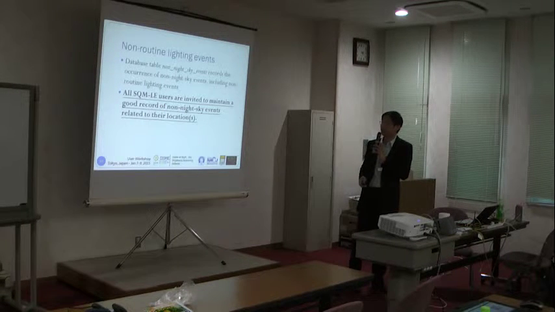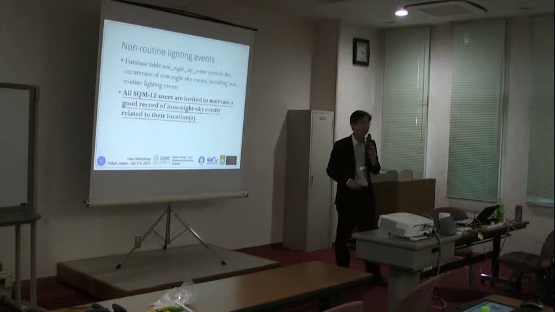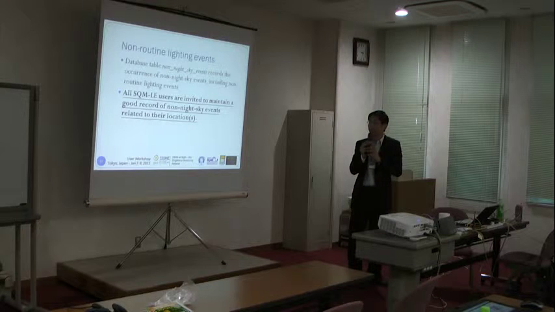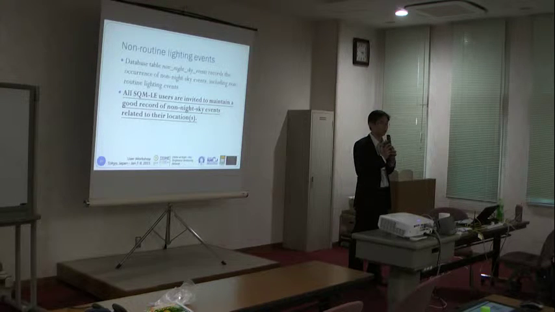For the long-run lighting events, as I said before, I invite all of you to provide the details on the long-run lighting events at your location. Since we do not know the lighting events outside Hong Kong, we have a database for you to submit the record. It's not that difficult.